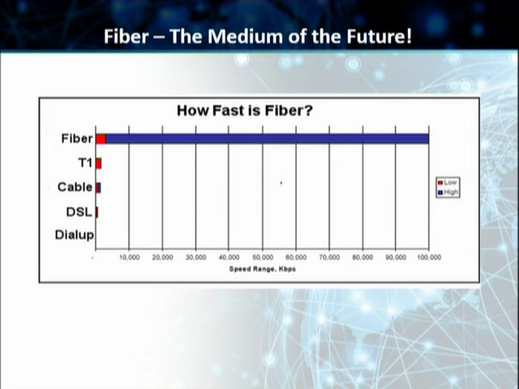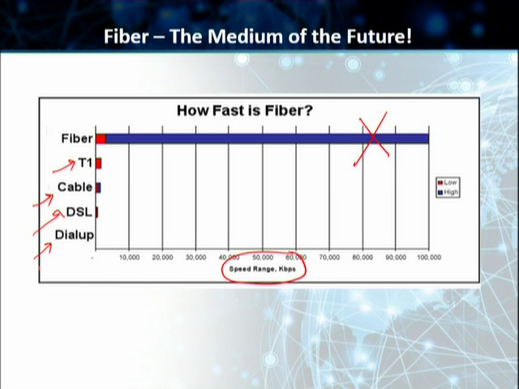So students, fiber, as I told you, is the medium of the future. And how fast is the fiber? You can see that we have a comparison here of a speed range in kilobits per second, and then you have different media here. Needless to say, our fiber outclasses all the other technologies and media that we have in this particular case.